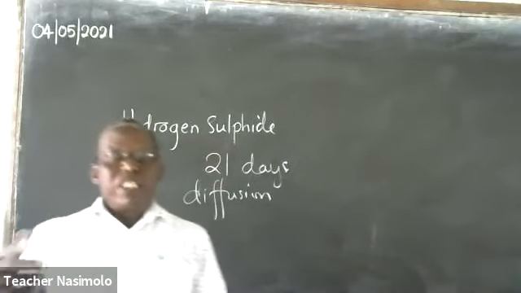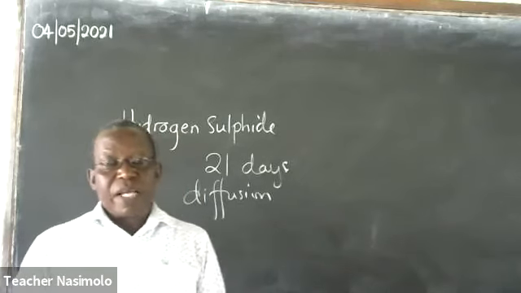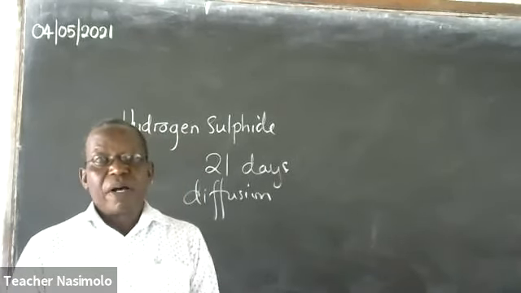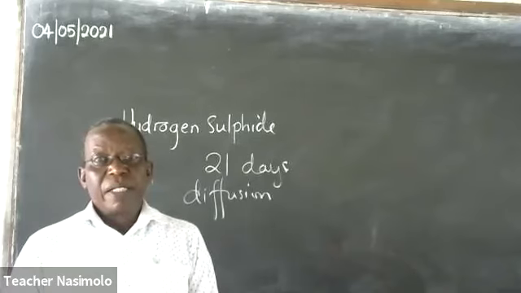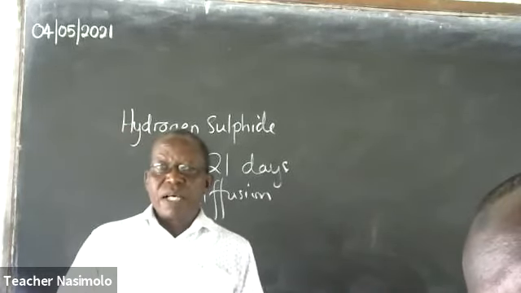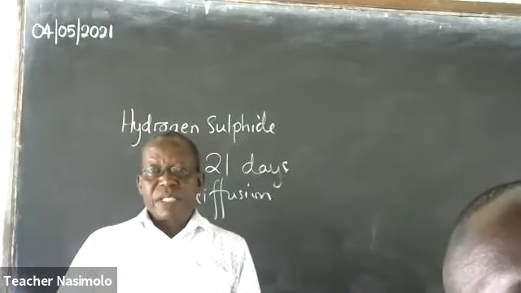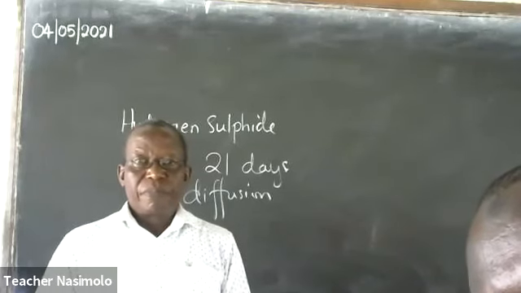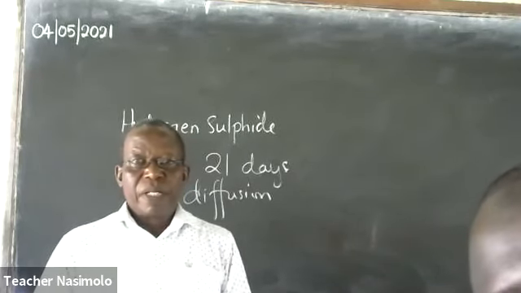Now, when you continue heating that liquid sodium chloride, it will also turn into vapor. So it doesn't mean that it's only water that can be made to evaporate. Even other substances can do the same. I hope that is clear.